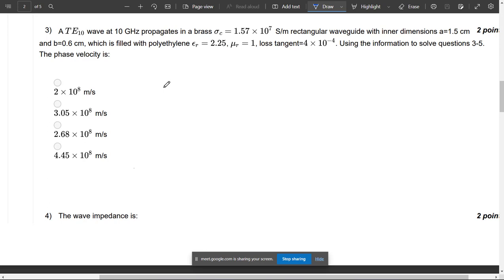Epsilon r equal to 2.25, mu r equal to 1, loss tangent equal to 4 into 10 to the power minus 4. Using the information to solve question 3 to 5, the phase velocity is, okay.